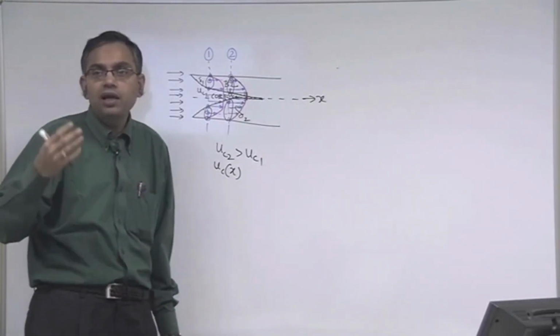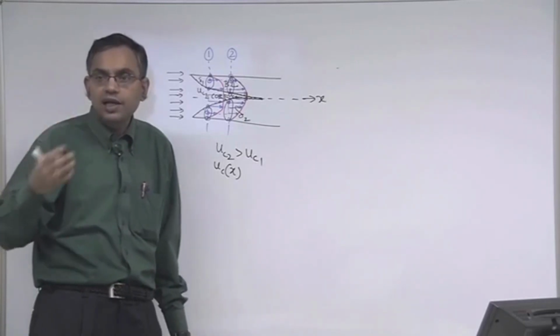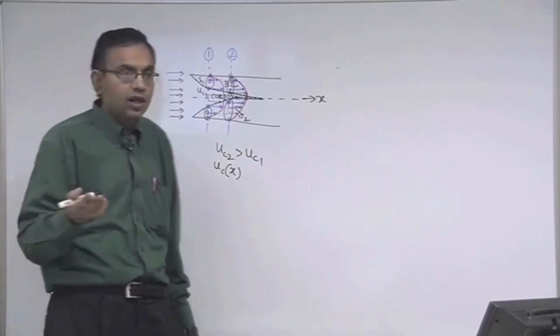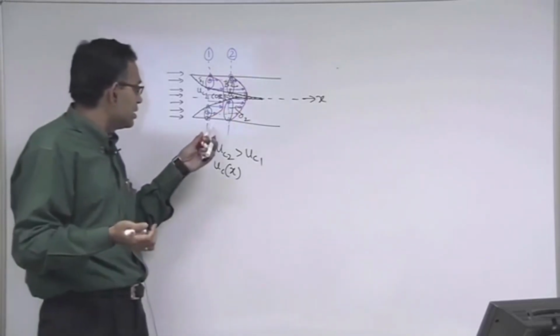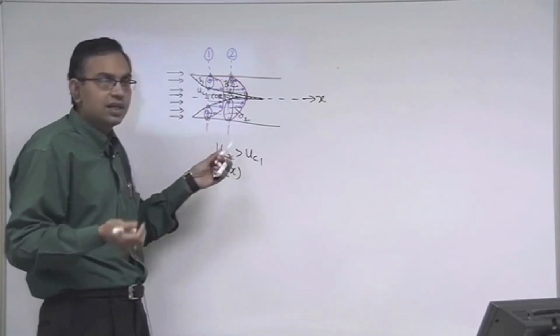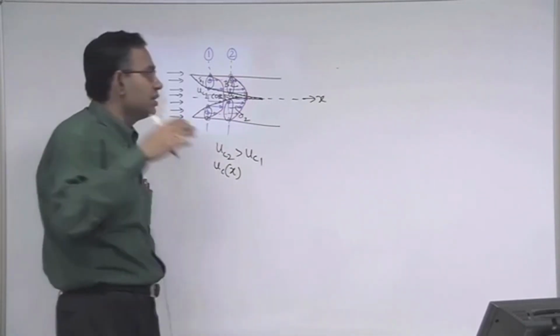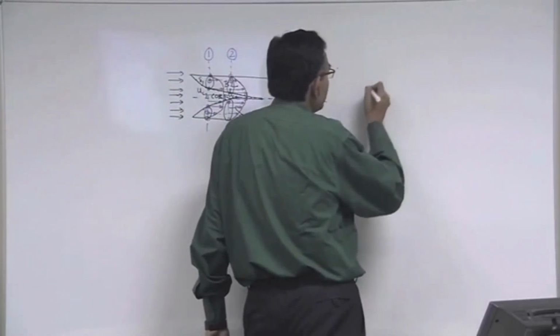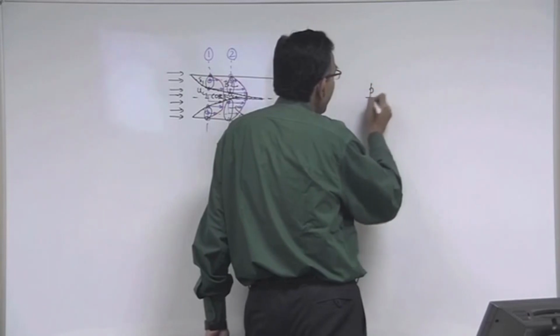The head may be pressure related, the head may be kinetic energy related, the head may be potential energy related. If the kinetic energy head is the same at the two sections, then it is basically the sum total of the rest. So, if you think of the head, let us write P by rho g.